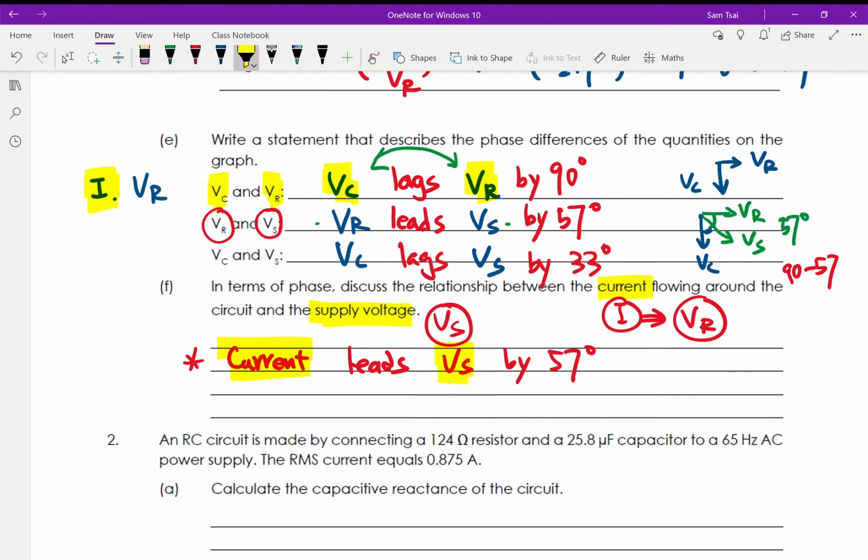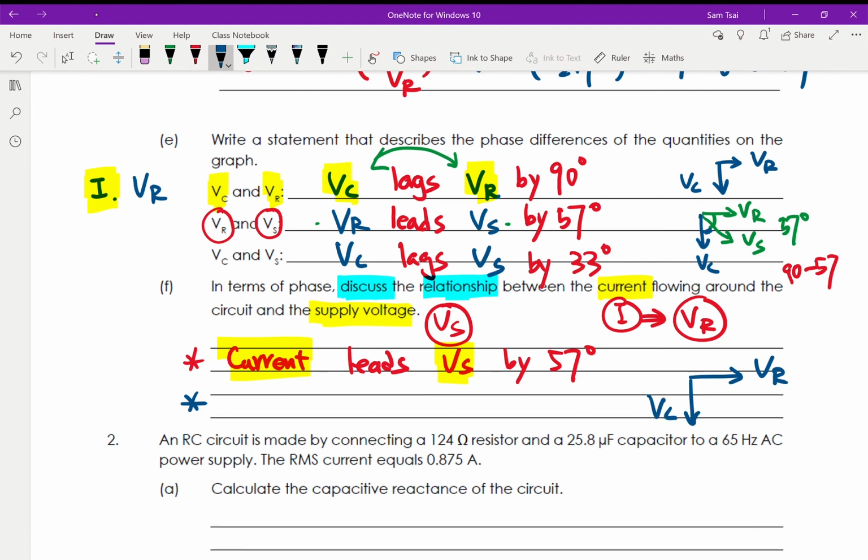But they want you to discuss. So we state the relationship now, and we want to do some discussion. How can this happen? Why is it not 90 degrees or not in phase? You can say this is our VR and this is our VC.